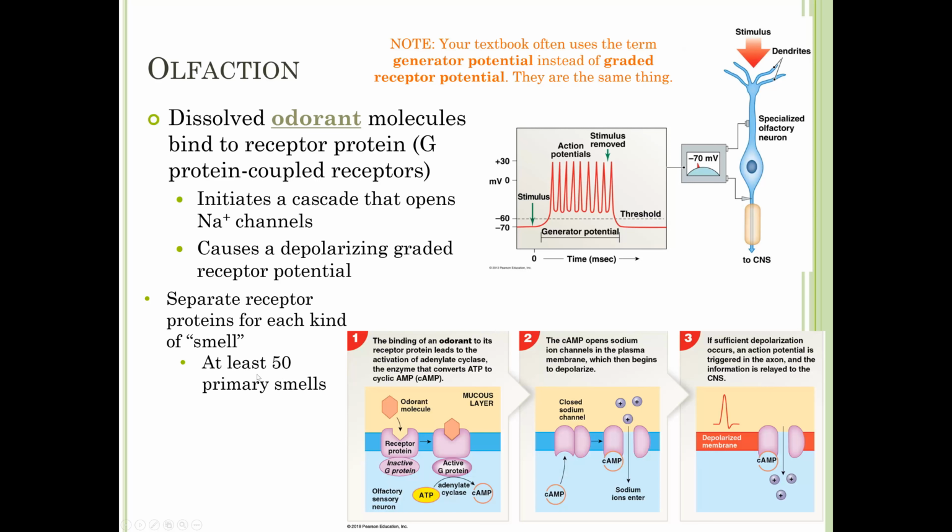Our ability to smell different scents actually comes from a combination, just like if you think about the primary colors of red, yellow, and blue, how you can mix those together. Like you can mix yellow with red to get orange, or you can mix yellow with blue to get green. You can mix these 50 primary smells to be able to sense thousands of different types of smells.